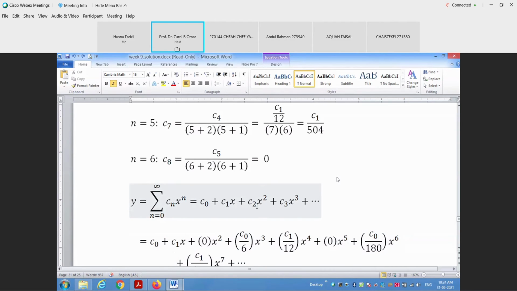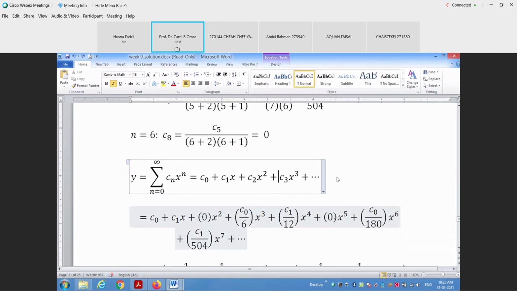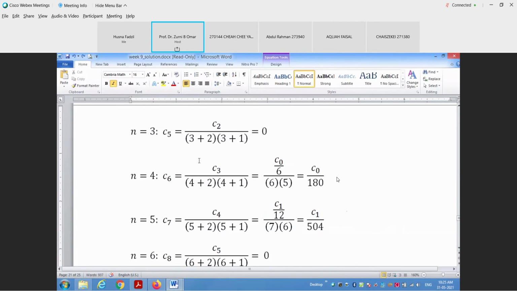And then we know that C2 is equal to 0, just plug C2 equal to 0, and then C3 equal to C0 over 6 x cubed, and then C4 will be C1 over 12 x power of 4, C5 will be 0, and then C6 will be C0 over 180 x power of 6, and then C7 will be this, and then C8 will be 0. Okay, you just list the few terms.